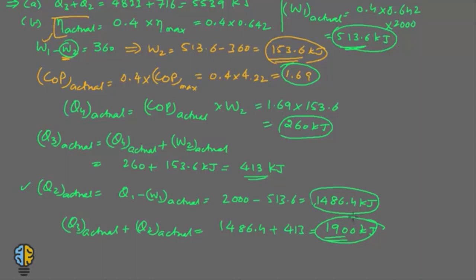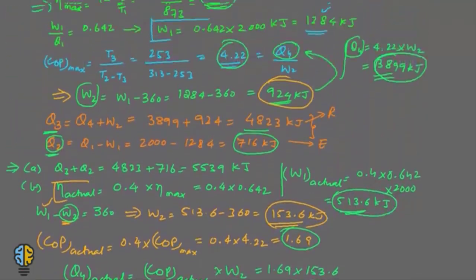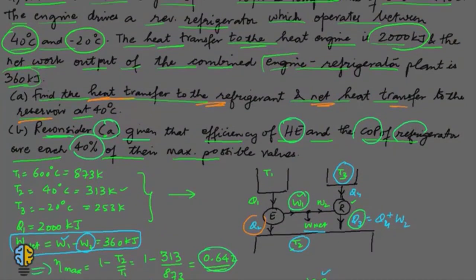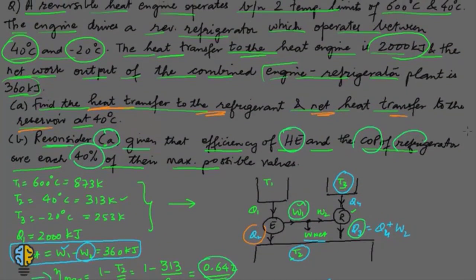Now I hope you understood this question. It was quite a lengthy question, but not a very difficult one. The key to this question was to understand the statement of the question, and if you were able to convert this bigger statement into this tiny looking diagram, life would become suddenly very easy for you, because this diagram is the key to getting all these calculations and values so easily.